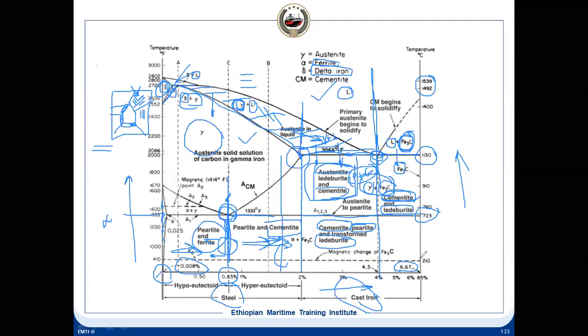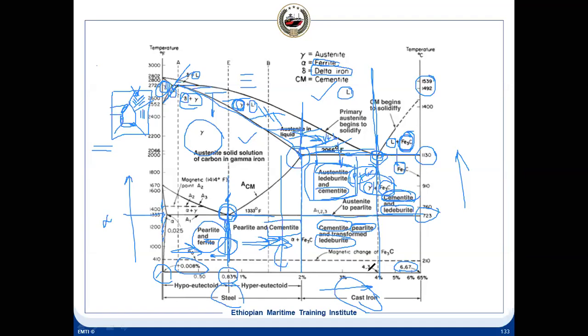This is the way, and at this point it will be carbide. We don't go beyond this. Up to this is our scope of study, because beyond that we don't use it. So is it clear, everybody? And this side is the cast iron and this side is our steel.